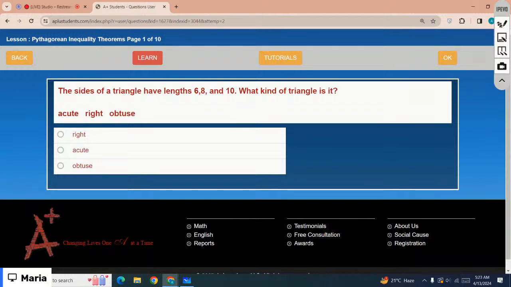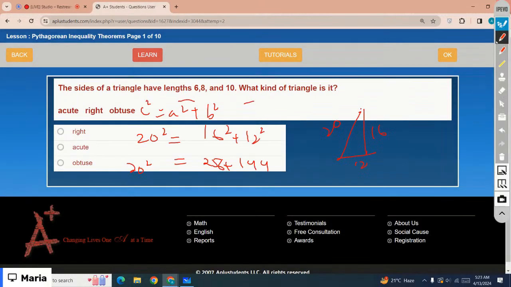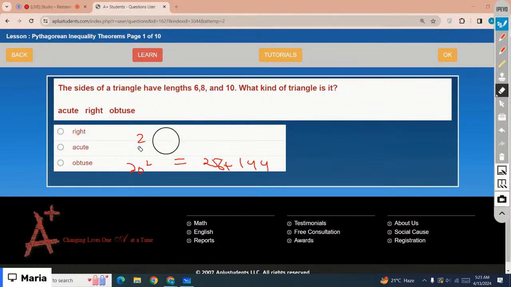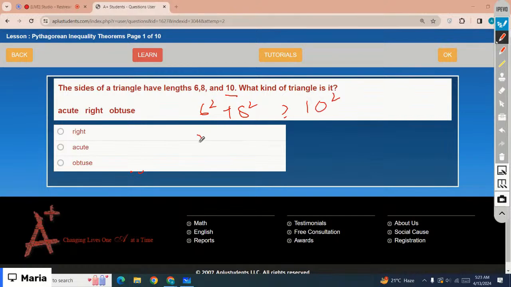The longest side is always C, so this one is C. Okay, so C is 10: 6 square plus 8 square and 10 square. 36 plus 64 is 100, and 100 is equal to 100.